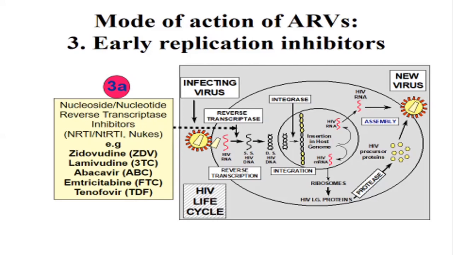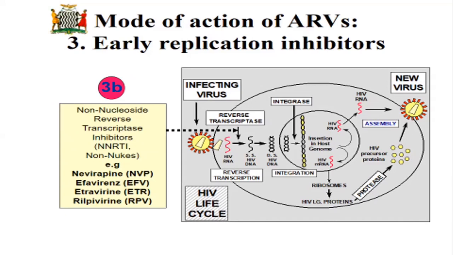But what will happen here is that this drug, the nucleoside reverse transcriptase inhibitor, will prevent the single-stranded HIV RNA from being converted to single-stranded HIV DNA by inhibiting the enzyme reverse transcriptase. So that's how this drug helps to prevent the multiplication of HIV. It is its mode of action.